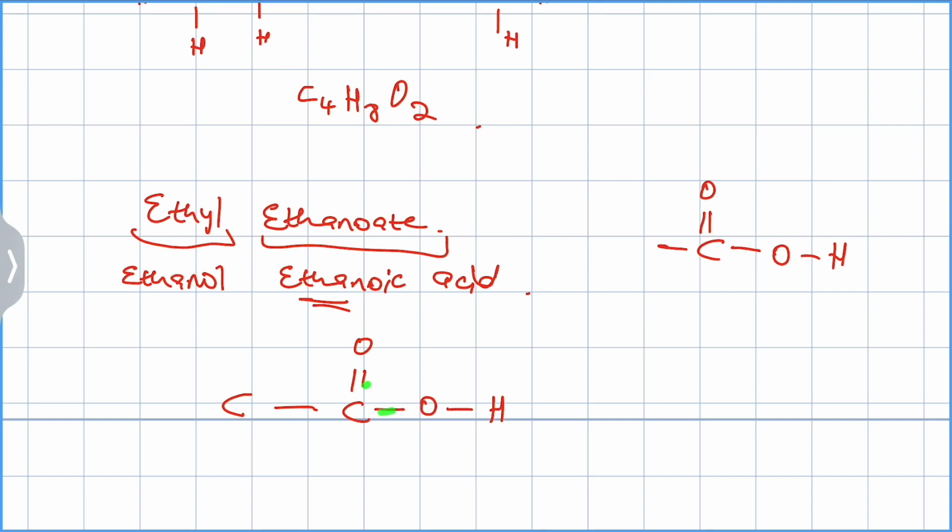So this one, 1, 2, 3, 4, it's fine. And then we need 3 more here, which we're just going to fill with hydrogens. So that is ethanoic acid. Okay, so that's the end of that question.